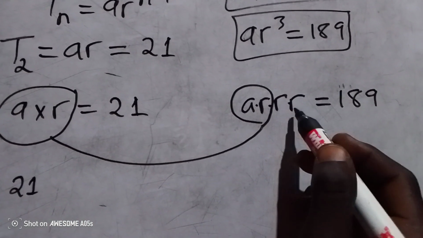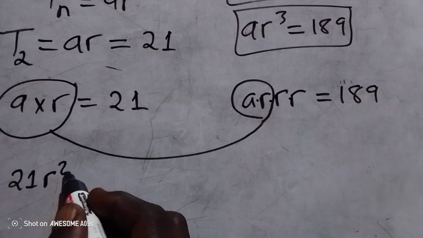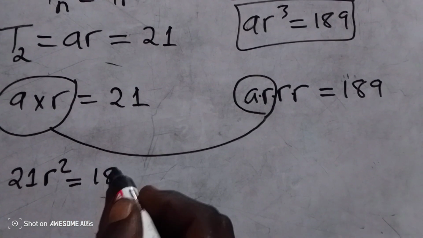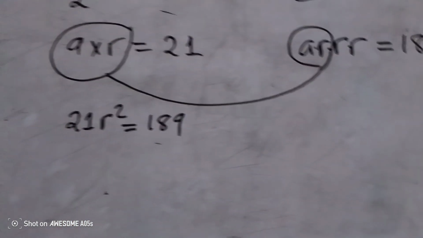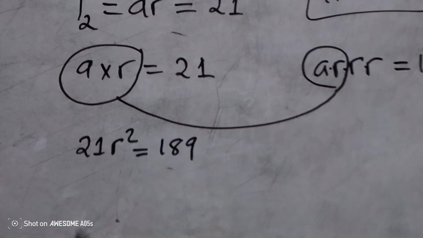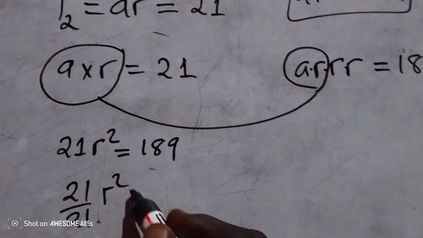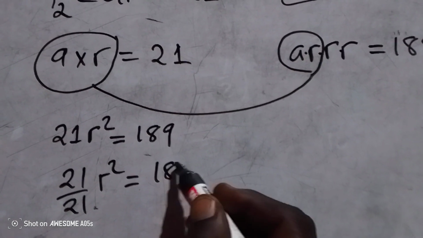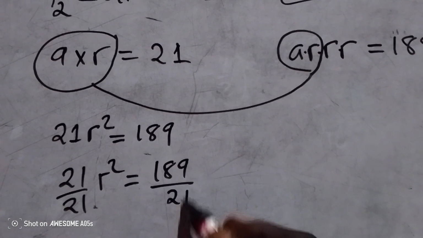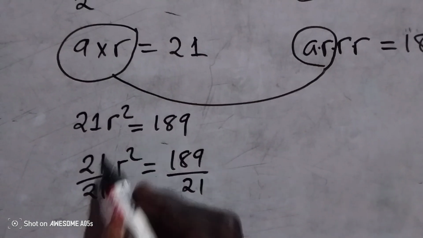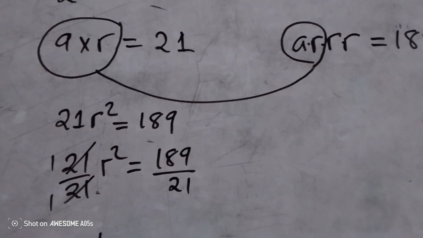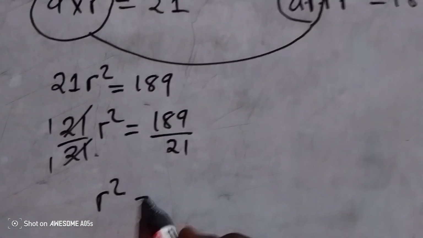We are remaining with 21 times r squared equals 189. From here, we are looking for r, so we divide by 21 on both sides. The 21 divides off on the left, leaving us with r squared.